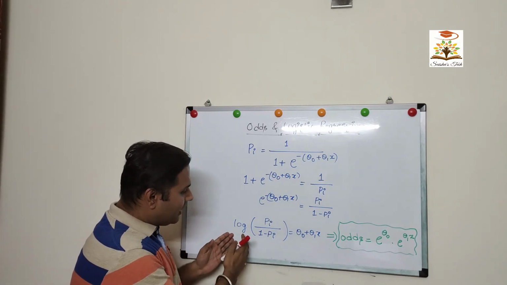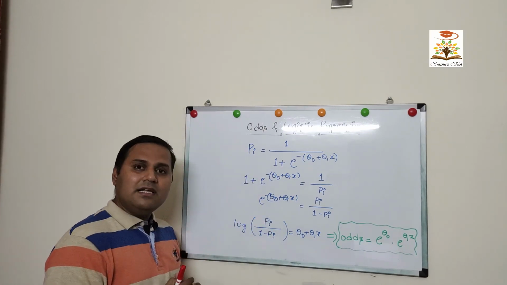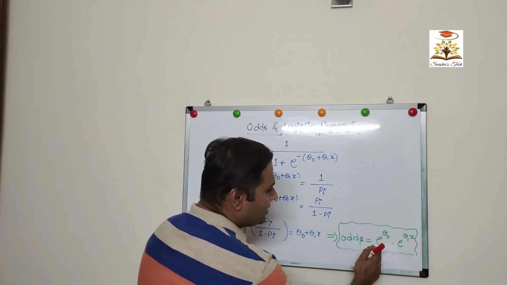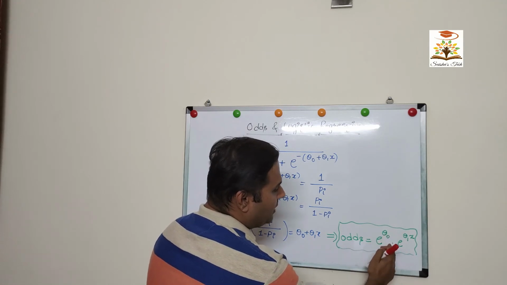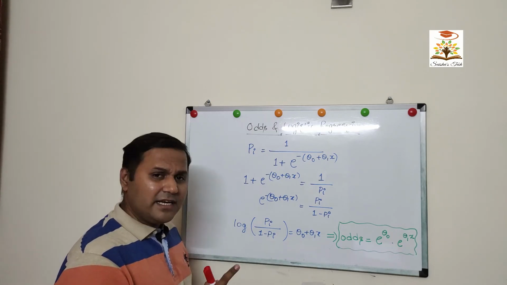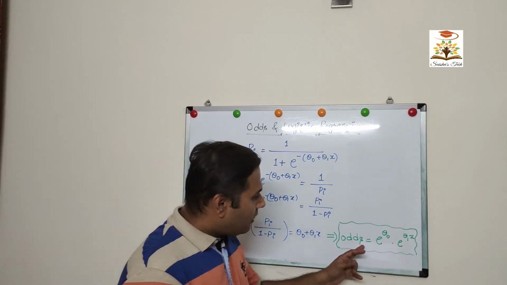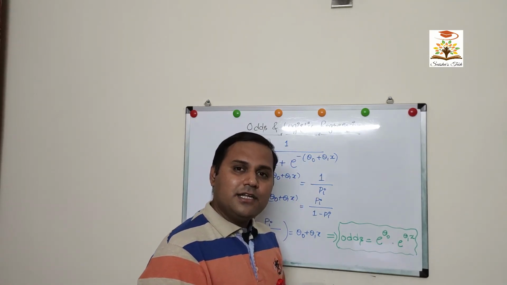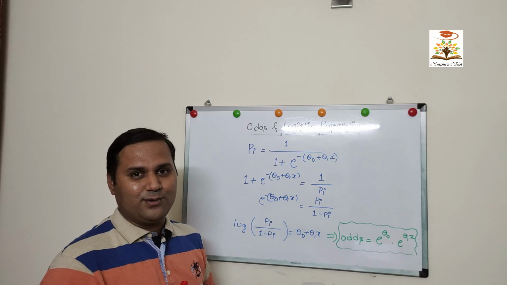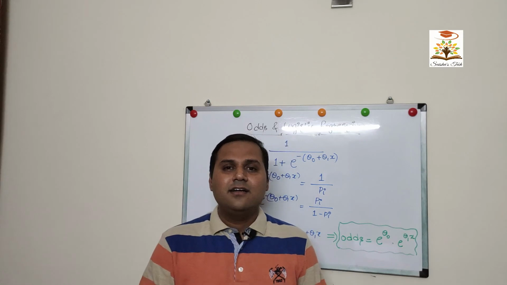If we transfer the logarithmic value to the other side of the equal to sign, the odds ratio for logistic regression is represented as e raised to theta 0 into e raised to theta 1 x, which means if there is a unit change in the input variable with an exponent of the input variable, there is an effect on your odds ratio. These were some of the concepts of odds ratio and logistic regression.